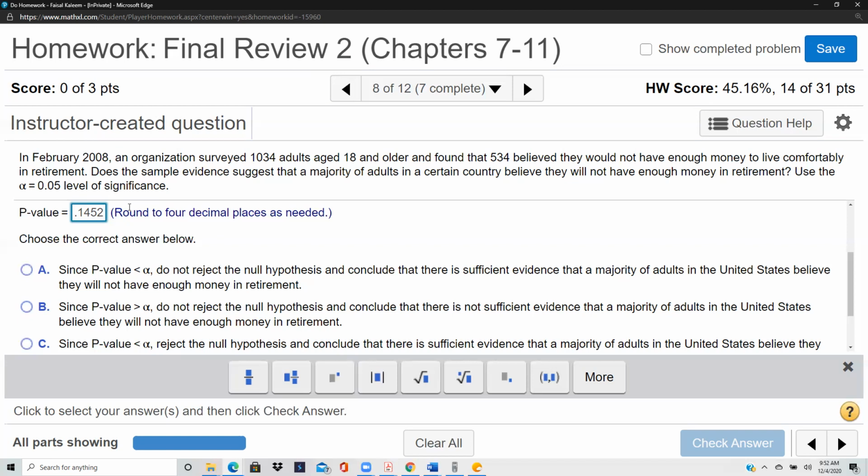Why? Isn't 0.05 greater than 0.1452? Really?